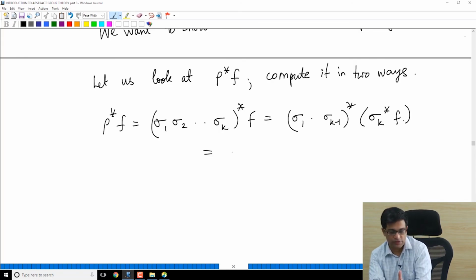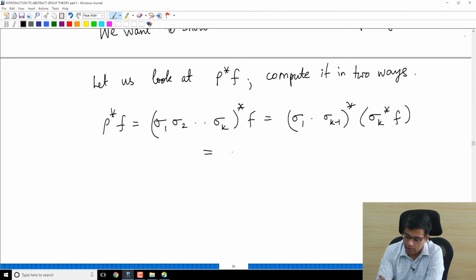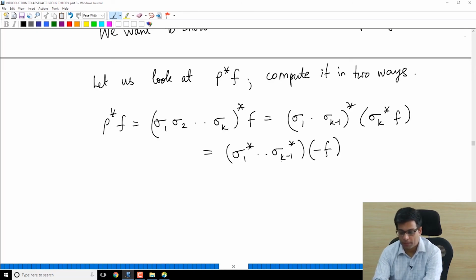So I split off at the last stage. Sigma 1 through sigma k minus 1 I apply and then sigma k star f. But what is sigma k star f? Because sigma k is a transposition, this is minus f. Then you apply sigma k minus 1 of this. So you repeatedly apply this.